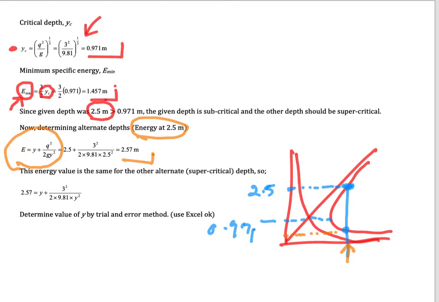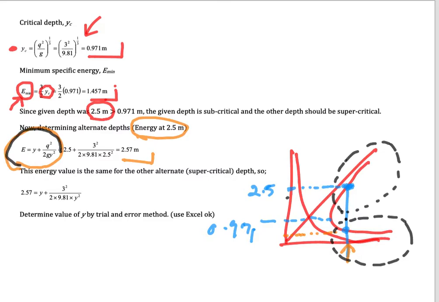Here you could imagine that one occurs at 2.5, which is in the subcritical region, so the other point actually occurs in the supercritical region. For the second calculation, we still use the same energy equation.